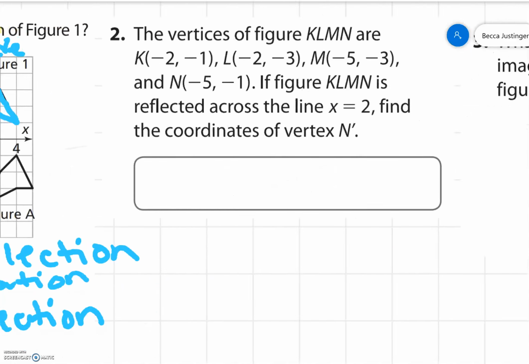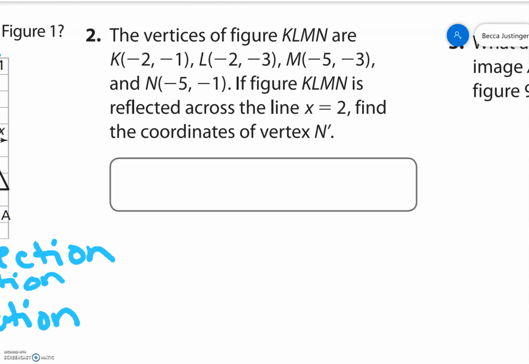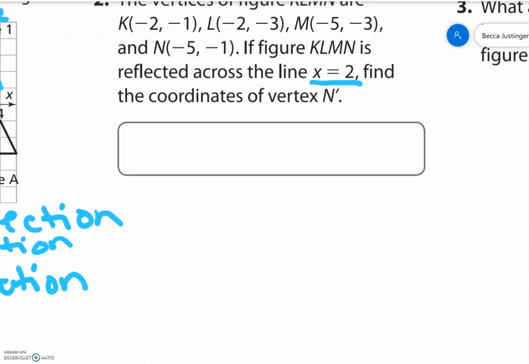Number 2. The vertices of figure KLMN are K is -2, -1, L is -2, -3, M is -5, -3, and N is -5, -1. If figure KLMN is reflected across the line x equals 2, find the coordinates of vertex N. So we're only worried about N prime.